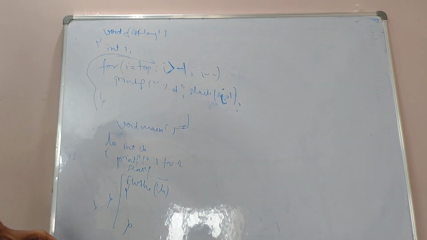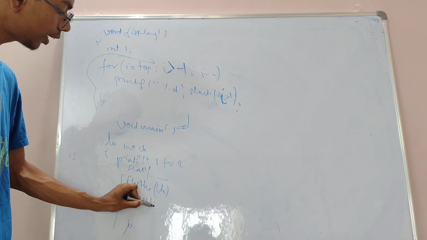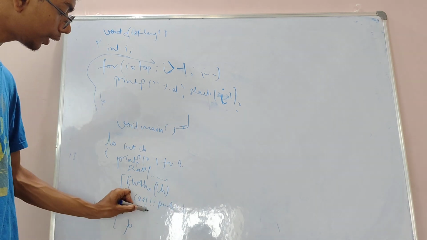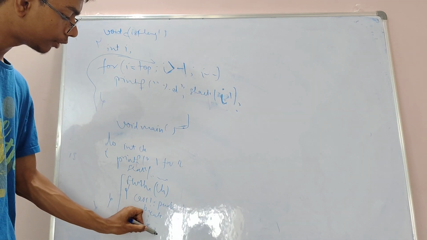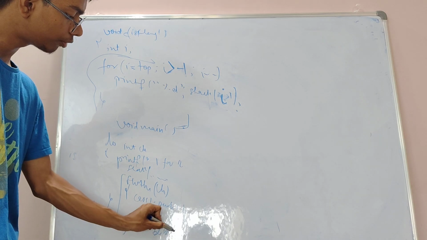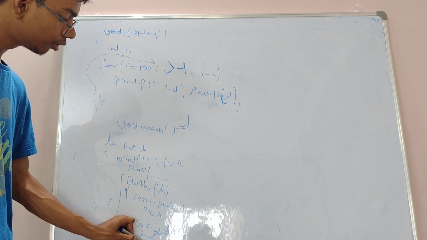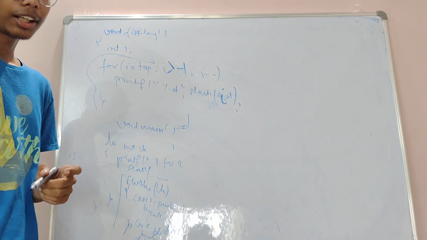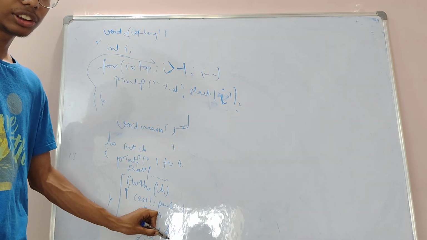In the switch function, I will define my cases: case 1, push function, then break, up to case 4, display function, and then break. In the final default, if the user enters a number apart from 1 to 4, it will give invalid choice.